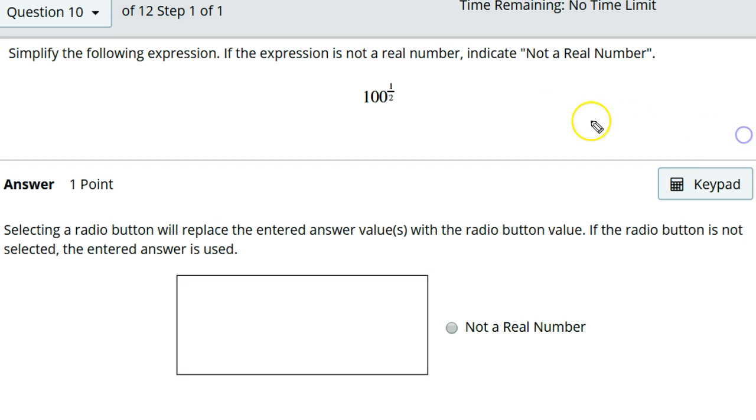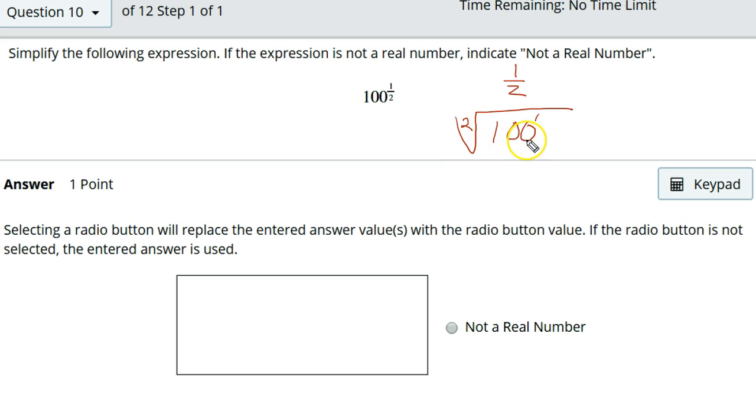They give us some easier ones towards the end here. We have 12 questions. So the half power of anything, we say when we convert it from its fractional exponential form, we take a radical sign. The denominator of our fractional exponent becomes the index number. The base becomes the radicand. And then the numerator of our exponential fraction is the exponent of our radicand.